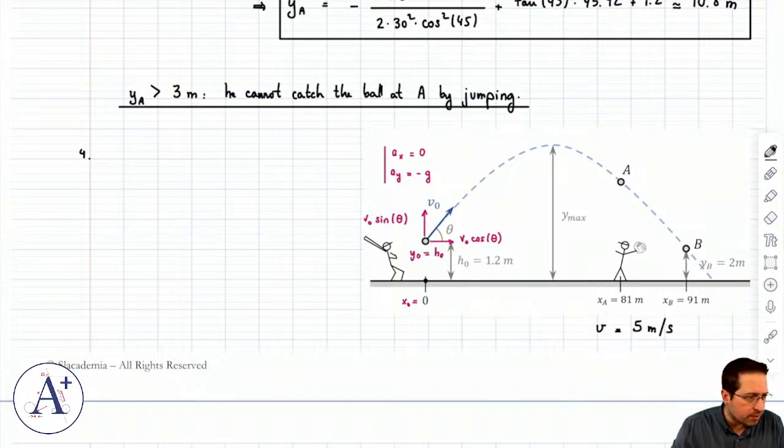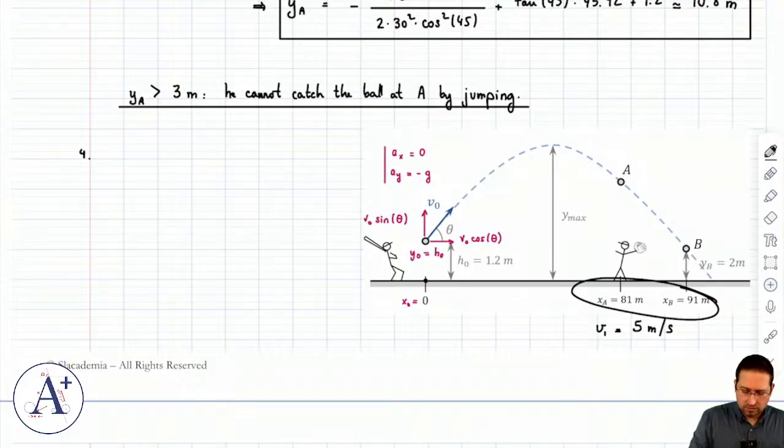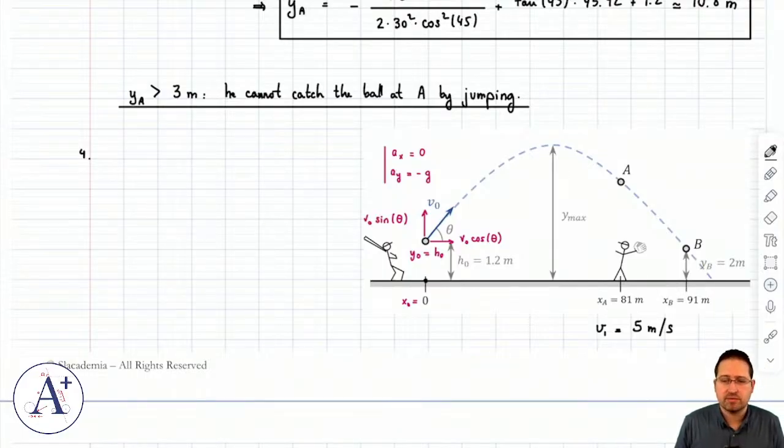That means it's going to take him 2 seconds to travel 10 meters, right? 91 minus 81 is 10 meters. He can cover 5 meters in a second, so he needs 2 seconds to go from A to B.